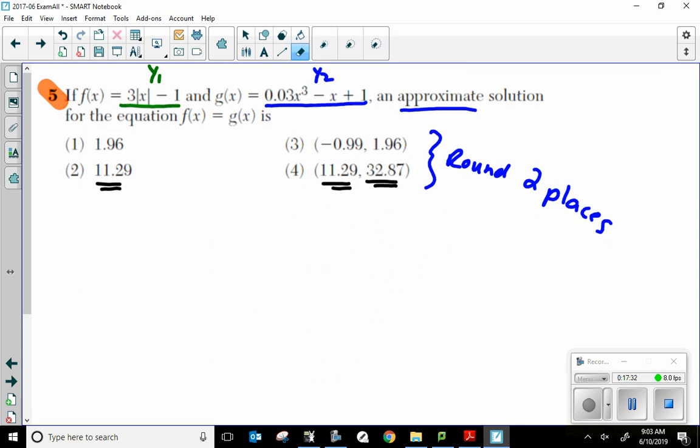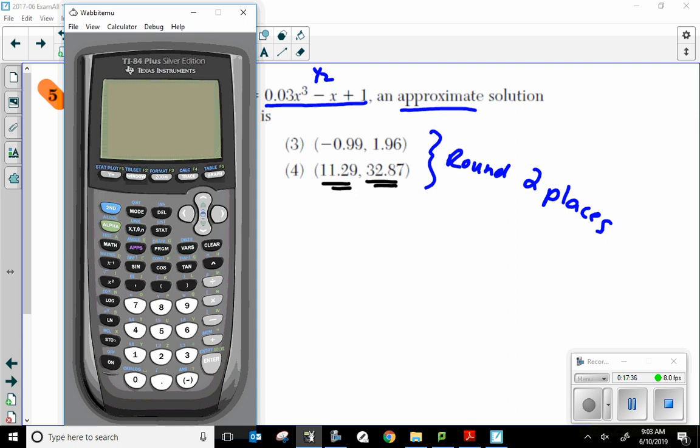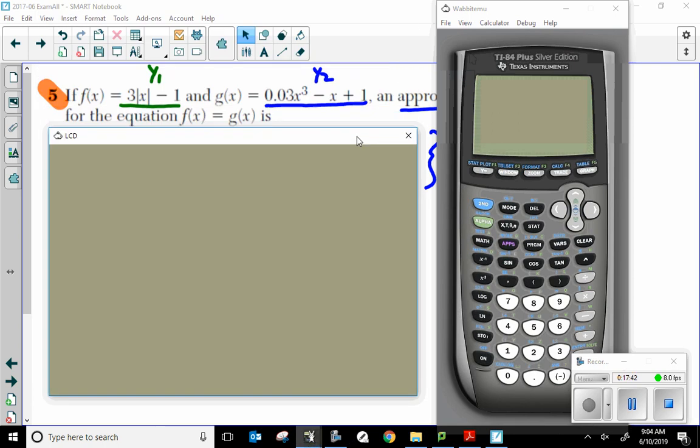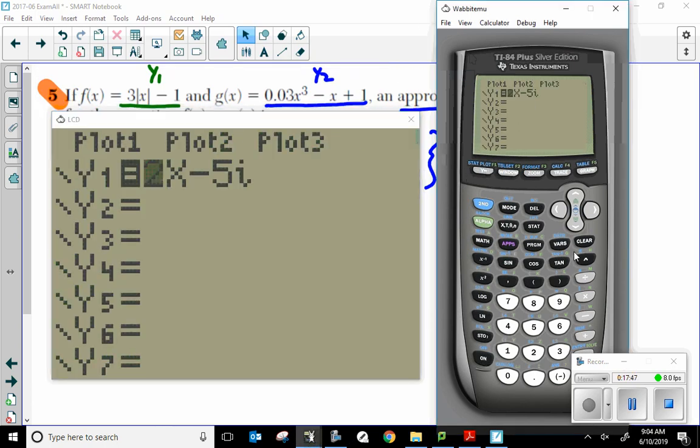Let's take a look at what we got here. We won't know until we put it in the calculator. So what I'm going to do is the following. Put this here. View detached LCD. Turn this bad boy on. Go to y equals. Clear this out. And I say 3.